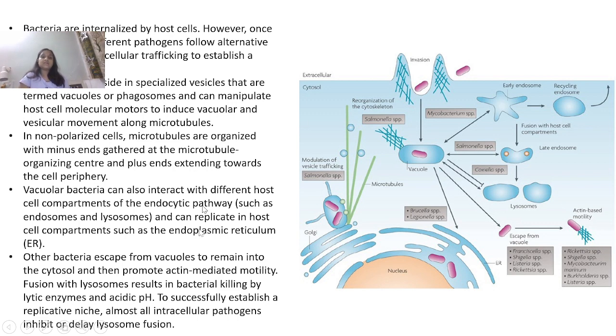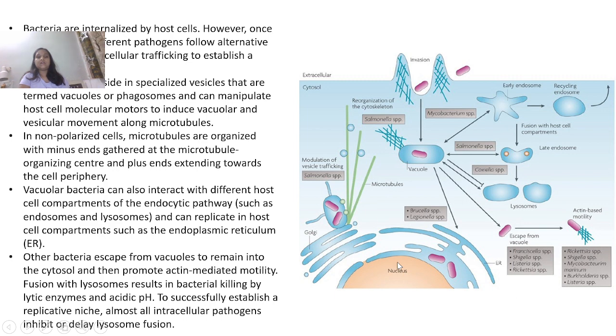Salmonella is residing in these specialized vacuoles, which are known as phagosomes or vacuoles, and they can manipulate our host cell system to induce the vacuolar and vesicular movement along the microtubules. Here you can see along the microtubules, they are so smart that they are reorganizing the whole cytoskeleton and these microtubules, and they are moving along with it inside the vacuoles.